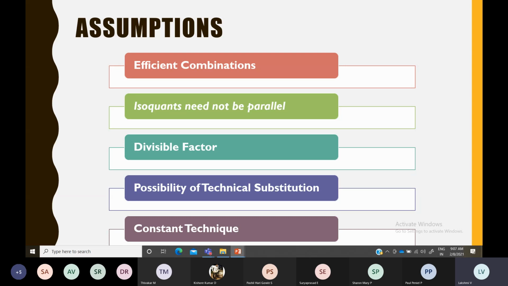Similarly, if you want to increase the consumption of biscuits by 1 unit, you reduce the consumption of milk by 1 unit. That is the marginal rate of substitution in the indifference curve. Similarly, you use the marginal rate of technical substitution.